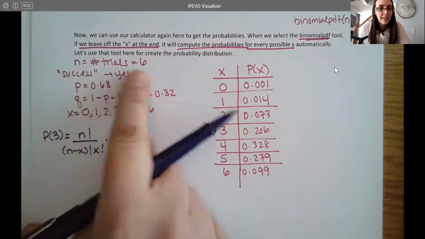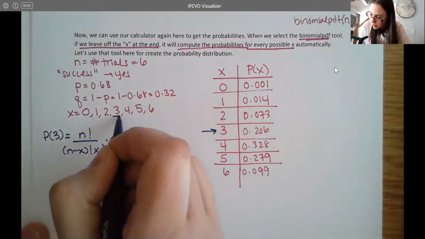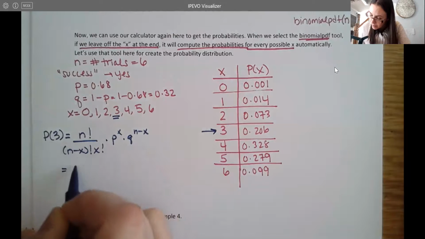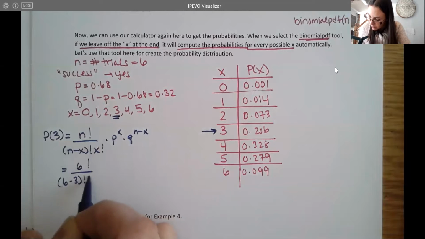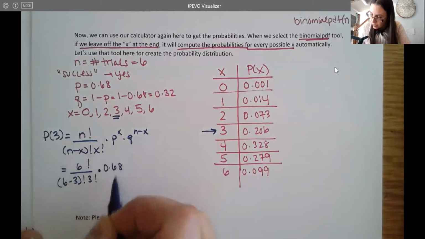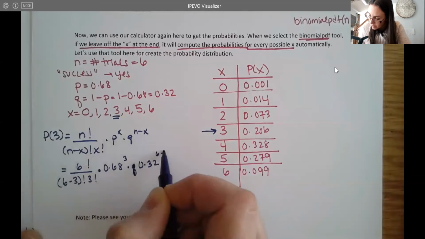Now, my n is 6. I know my p and my q, and for this particular example, I'm going to use x is 3 here, right? So n is 6. So x is 3. All right, p is 0.68, x is 3. Oops, q is 0.32. And then I have 6 minus 3 here.